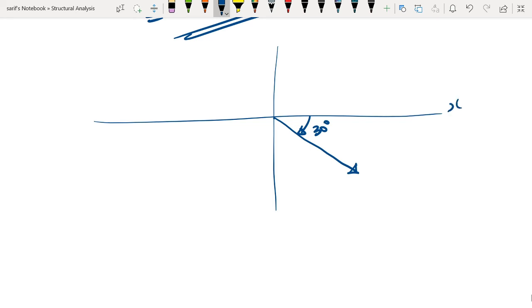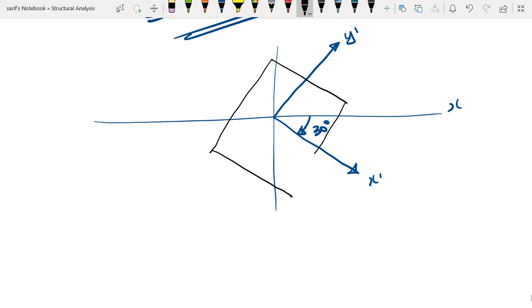So this is our x dash, and this will be our y dash. If x dash and y dash are known, then it is easier to draw the remaining. All we have to do is draw an element here. So this is the element.